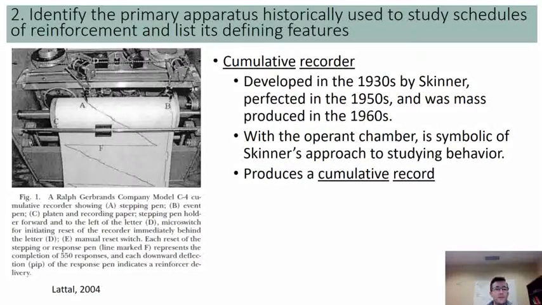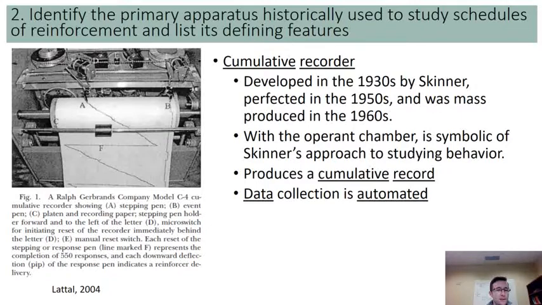They're used together. The cumulative recorder produces a cumulative record. So the device in the picture is the cumulative recorder, but the lines drawn on the paper there, that's the cumulative record, the graphical display of the organism's behavior that occurred during a session.